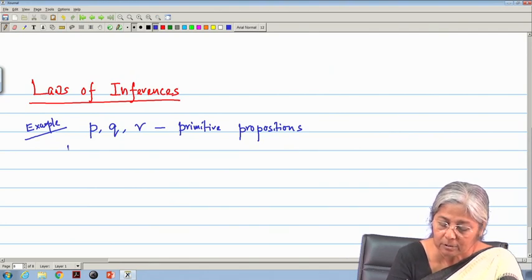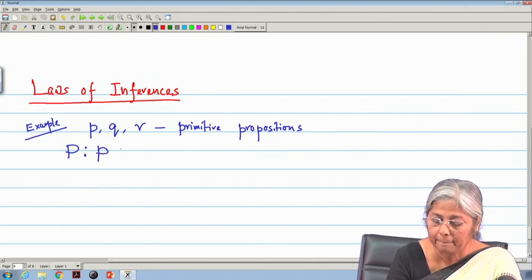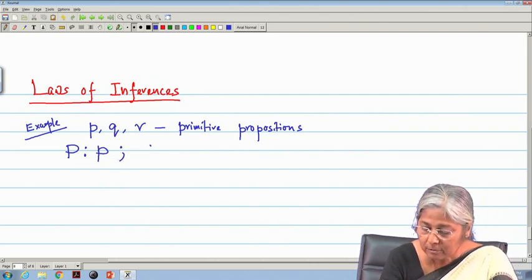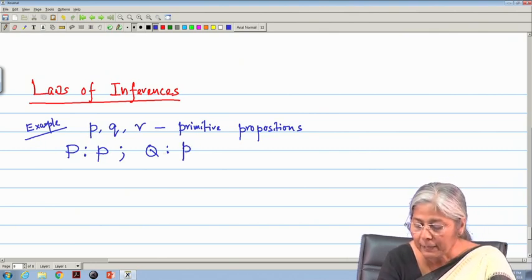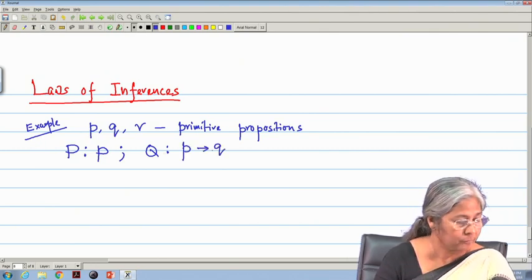Let capital P be p only, and compound proposition Q be p implies q.